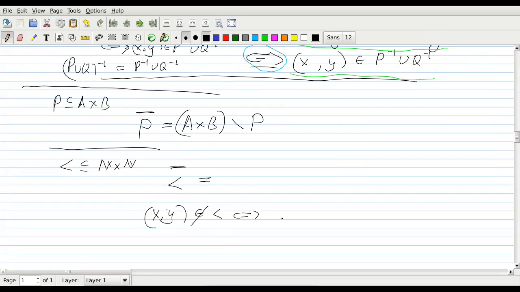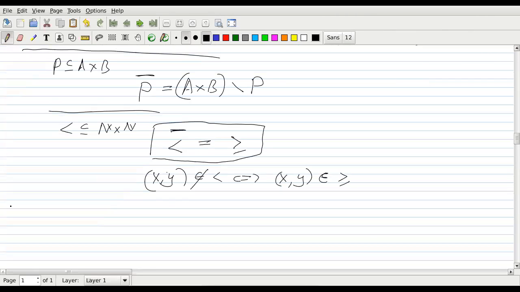That means that if x is not less than y, then x is greater or equal than y. So it's the N times N minus less than. It is just the greater or equal relation. Is it clear? Yes.